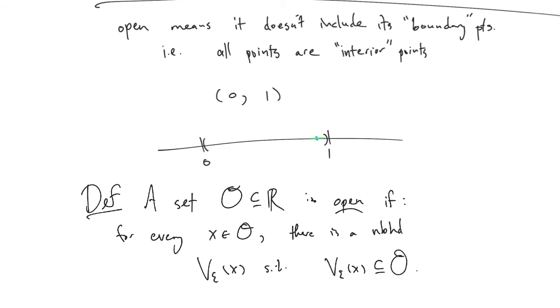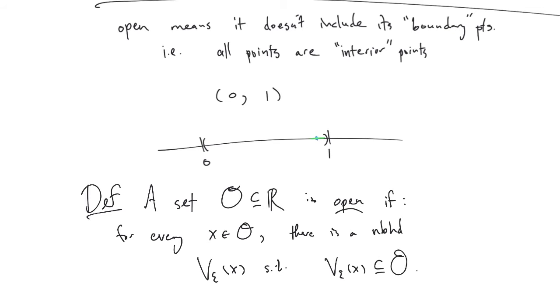None of the points are on the edge. On the inside means you can always find a little neighborhood around the point which is completely inside the set that you're talking about. All right? If that's always true, then you say the whole set is open.